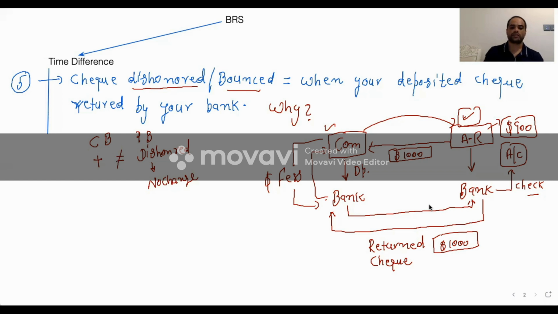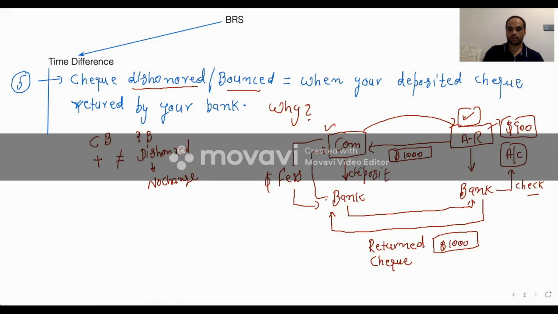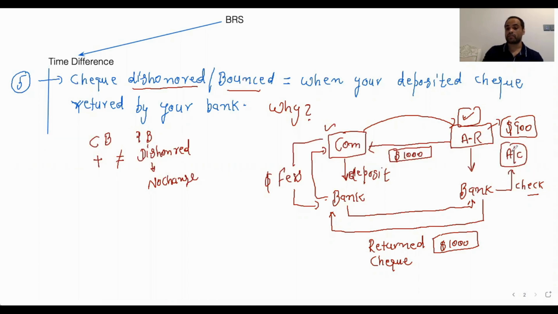DP means deposit. So you receive a check and then you deposit this check to your bank, and your bank will contact your account receivable's bank, and that bank will check whether the account has enough, $1,000 or not.